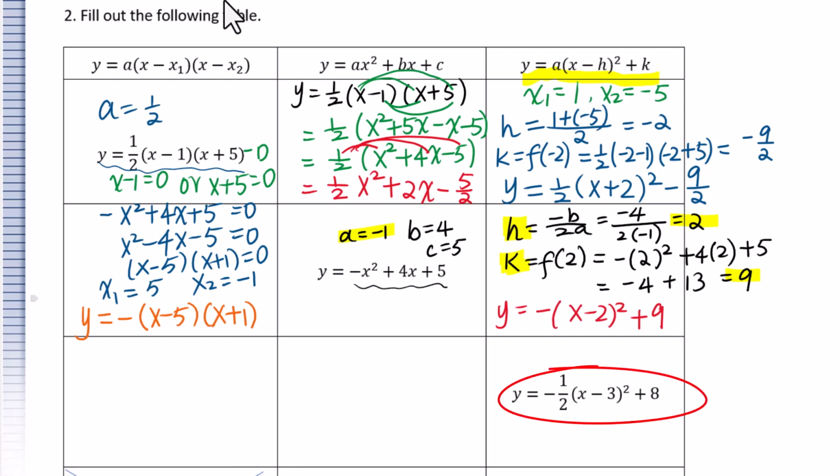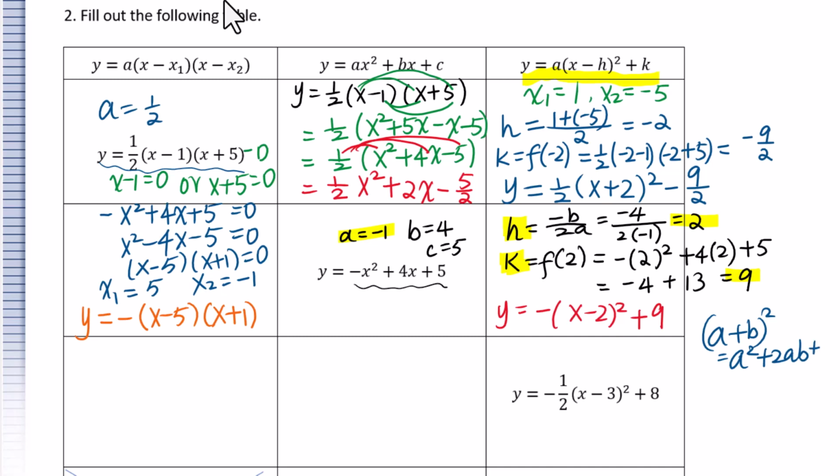We are given this vertex form. We do know (a plus b) squared equals a squared plus 2ab plus b squared. (x minus 3) squared equals x squared, negative 3 times x times 2 is negative 6x, negative 3 squared is 9.